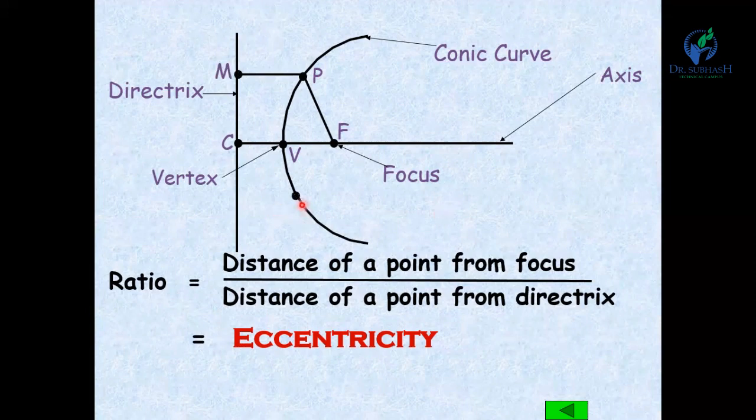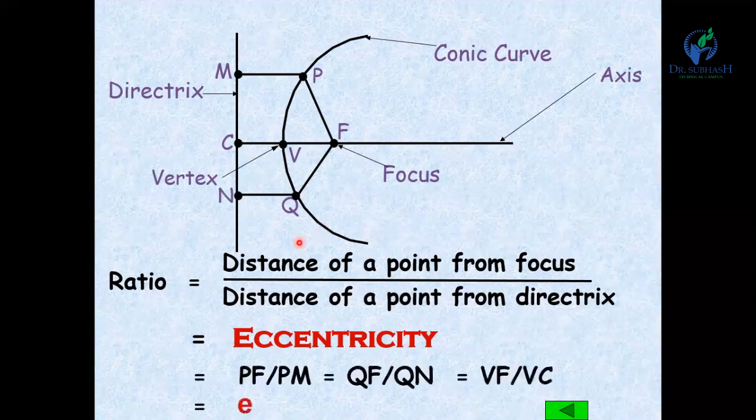Take another point Q on this curve. The distance from Q to the focus is QF, and from Q to the directrix is QN. Now as per our definition, the eccentricity, PF by PM is equal to QF by QN is equal to VF by VC is equal to a constant, and it is denoted by e, and it is known as the eccentricity of a curve.